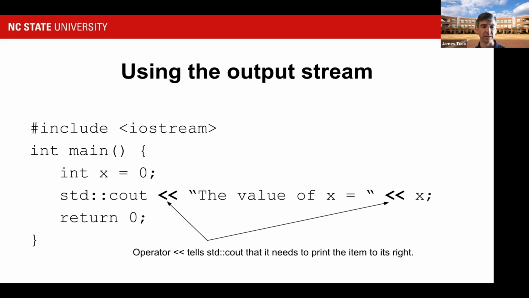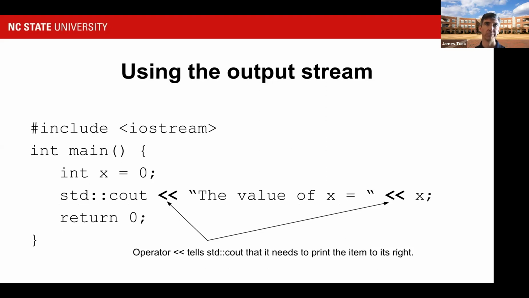It's the left shift operator from C. And that says I'm going to write something into this object. And so the next thing that's going to get written is the string that immediately follows this operator, and it says the value of X.